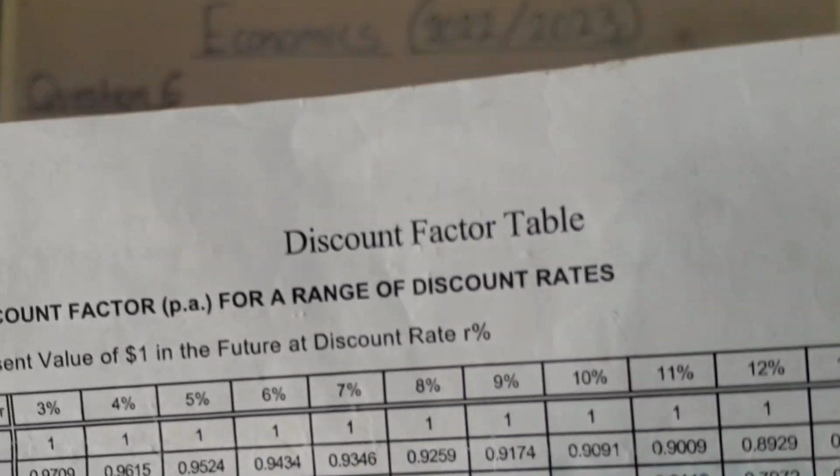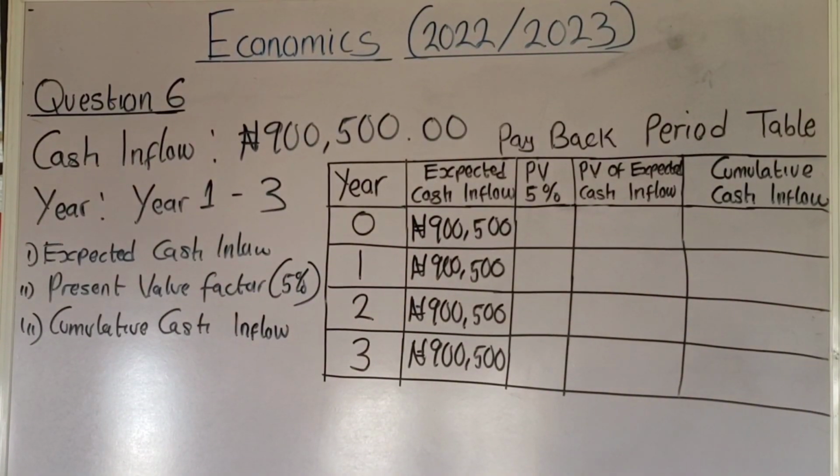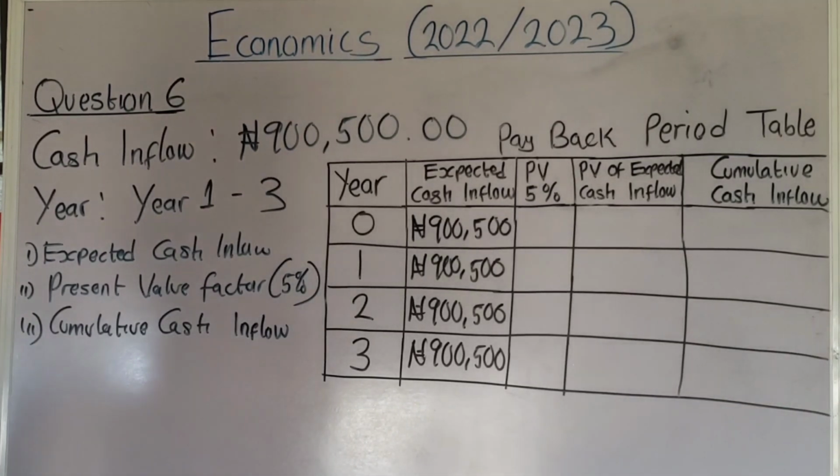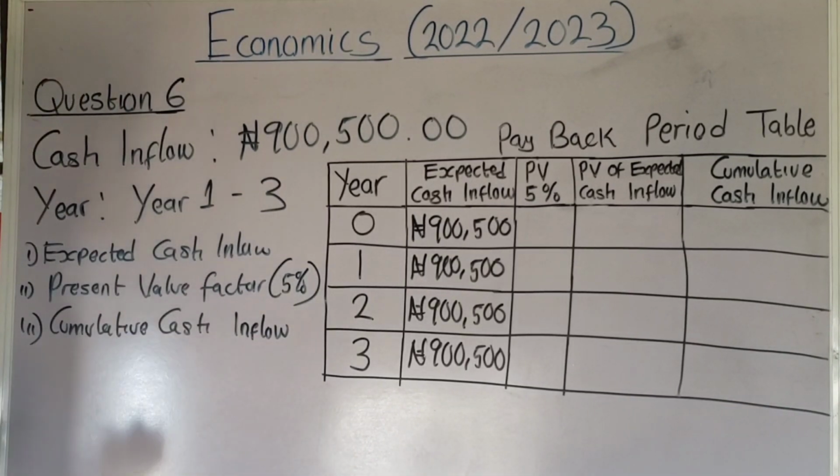Now, from the question, we need the present value at 5% for year 0. The reason why I have 0 on this table is because in this payback period, we assume that there is a moratorium year, as I've already explained in the previous question that we solved.